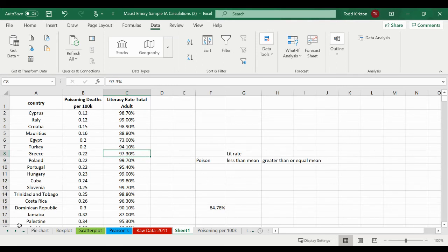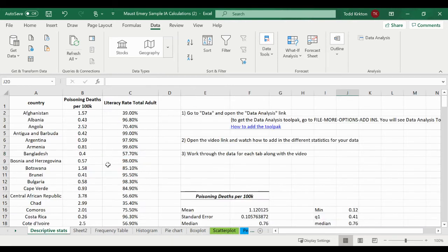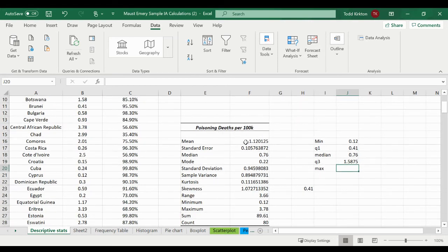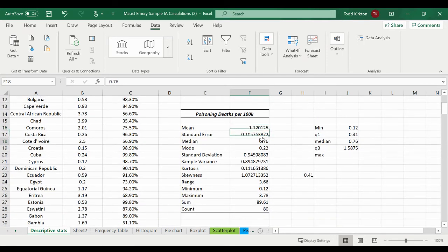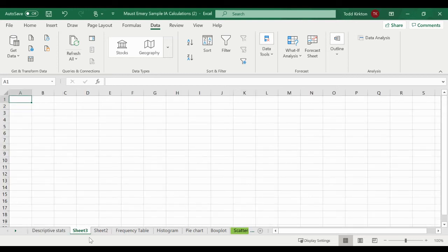For the poisoning deaths, if you look back at the descriptive statistics for poisoning deaths, we have a mean of 1.12 and a median of 0.76. So I already know the median. So what I'm going to do is find some other values there.